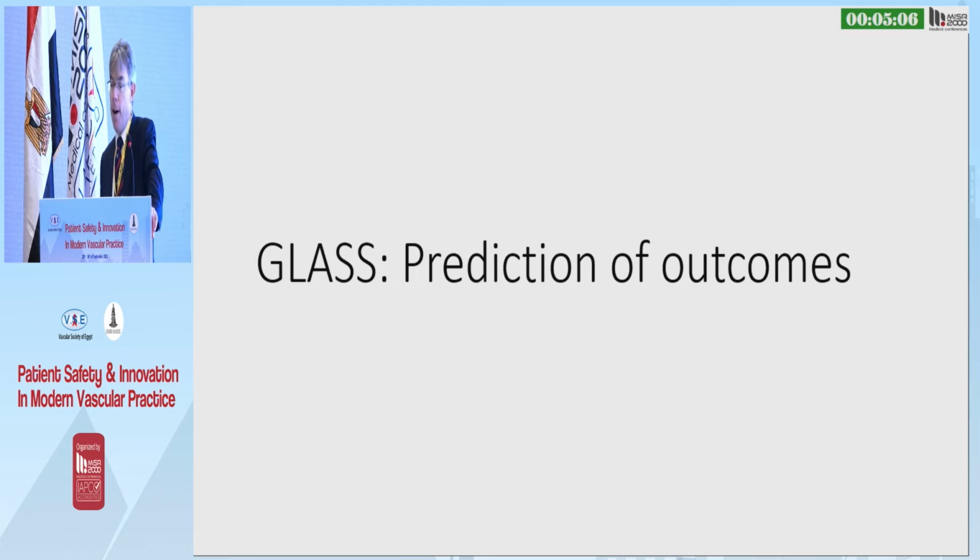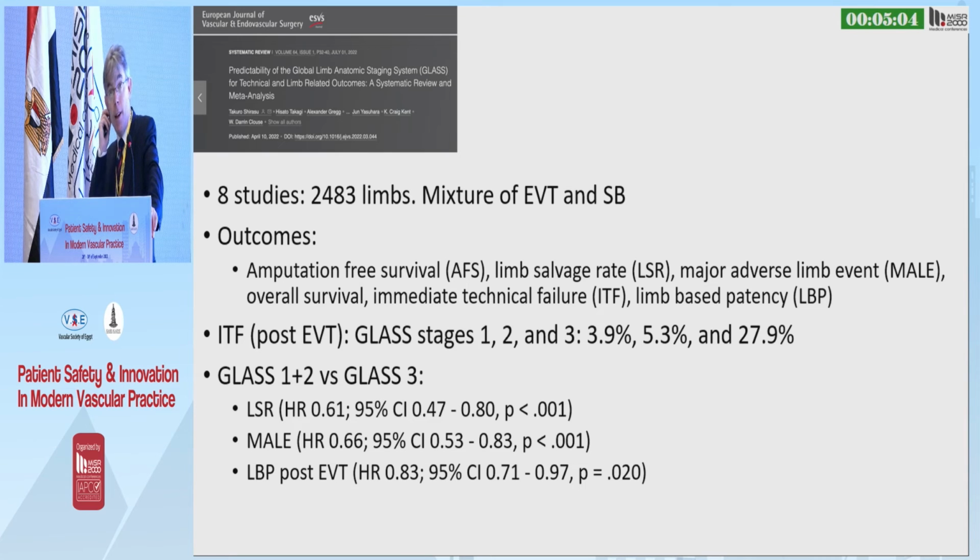So what about prediction of outcomes? Given that this was only put forward in 2020 with the publication of the guidelines, there's limited data out there at the minute. It's a slightly immature classification system. This is a recent meta-analysis and systematic review of predominantly retrospective studies.